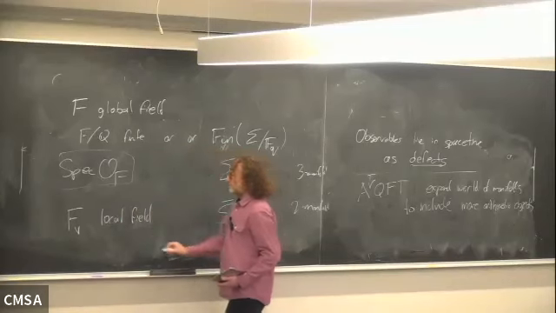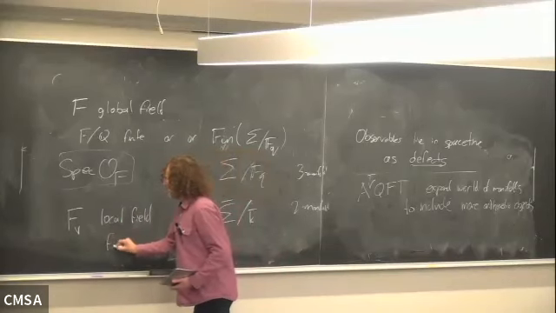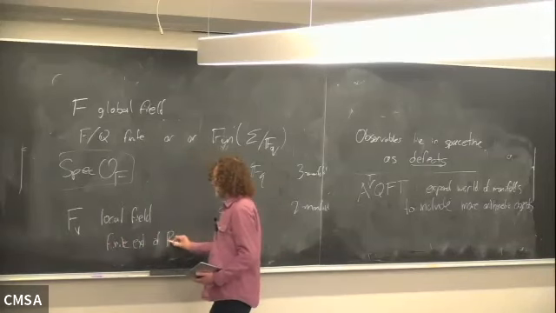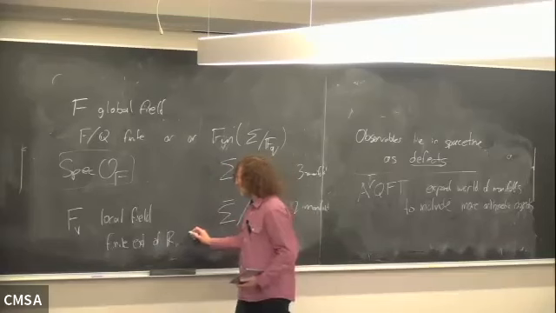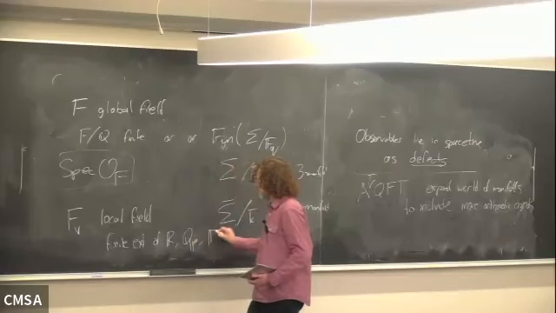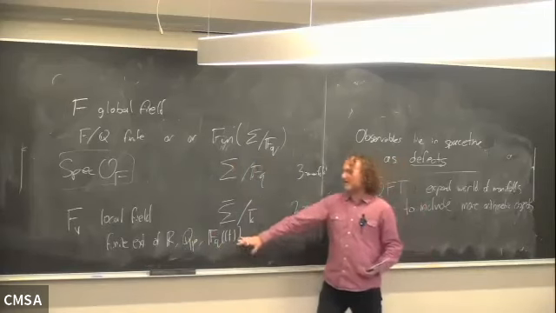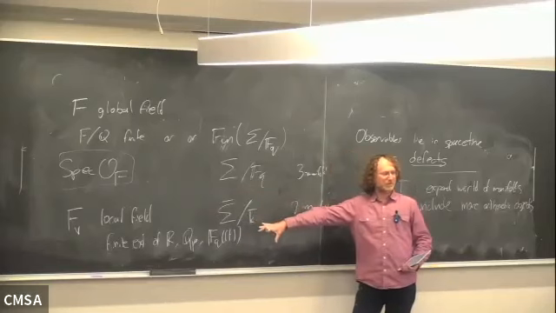So a local field would be a finite extension of, say, the real numbers, which I know nothing about, or the p-adic numbers, or a function field. Okay, so these are examples of two-manifolds in this world.